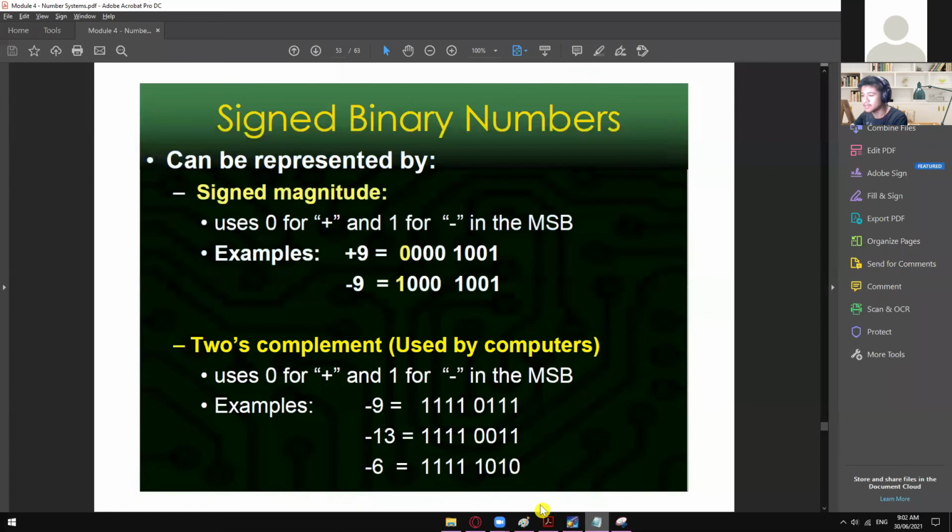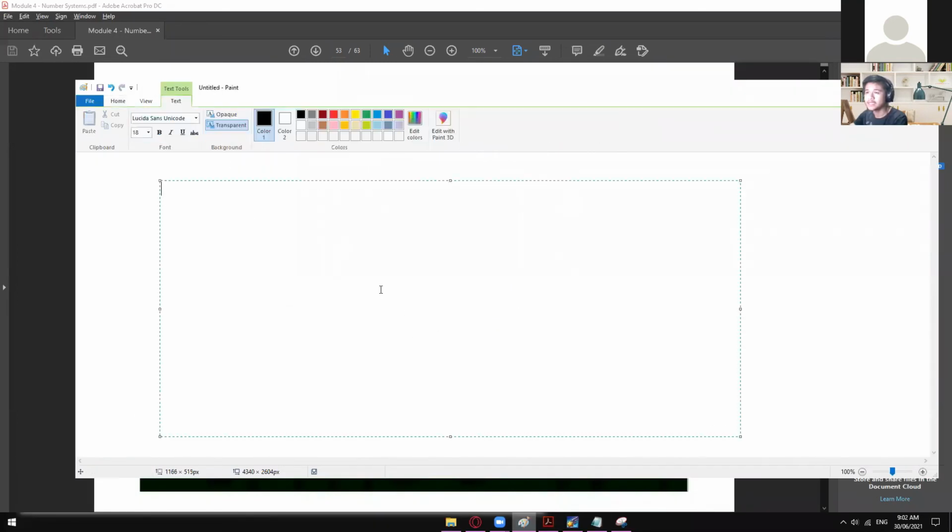I did mention a while ago that when we say unsigned binary, it is simply positive numbers, or positive binary numbers. But when we say signed, it now has a sign, of course, it's either positive or negative. But mostly when we say signed binary, we're dealing with negative numbers.